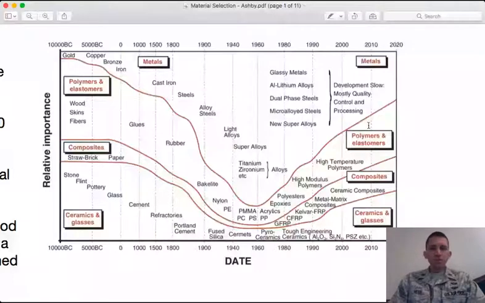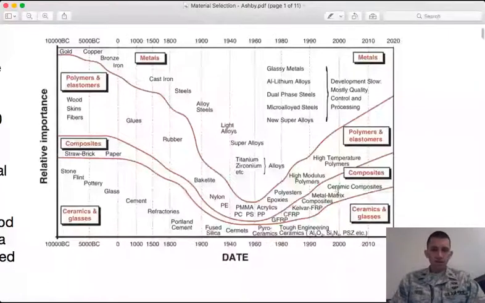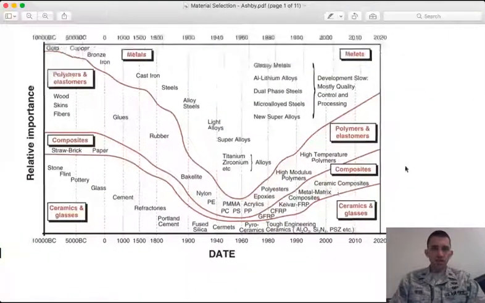One of the reasons why we need a methodology for selecting a material is because, especially throughout the 20th century, the number and variety of materials available to designers has grown rapidly. This figure here, I think, is a nice one to put materials science in the proper context.